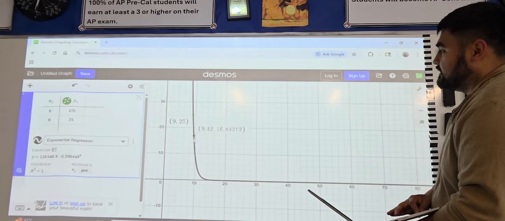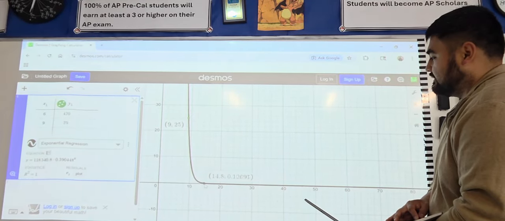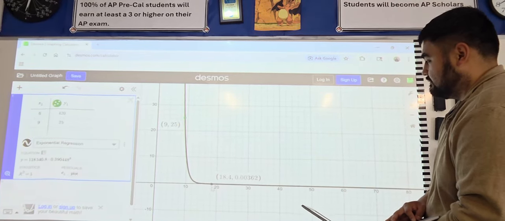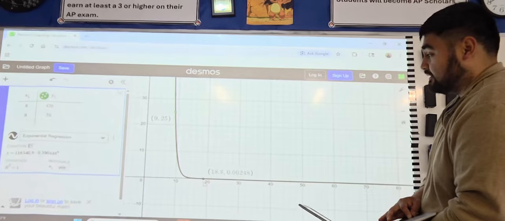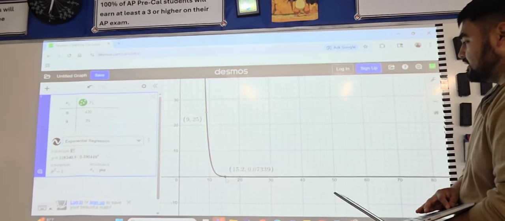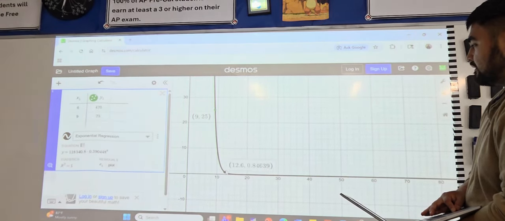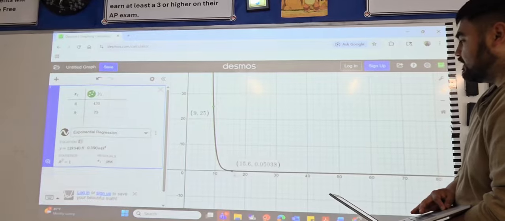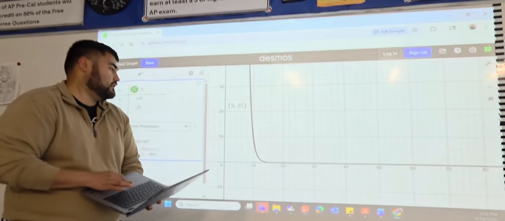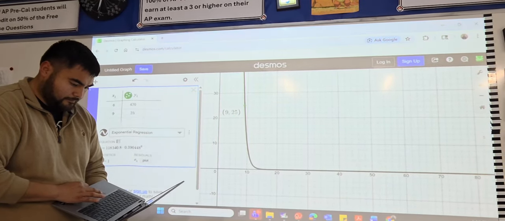If we drag it and just follow through with it, it seems like the snow tends to be at 0 after we reach about 12 and onward. So let's see what the answer is.